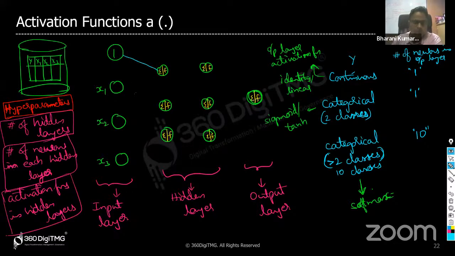Every neuron would be connected to every other neuron in the forward pass.